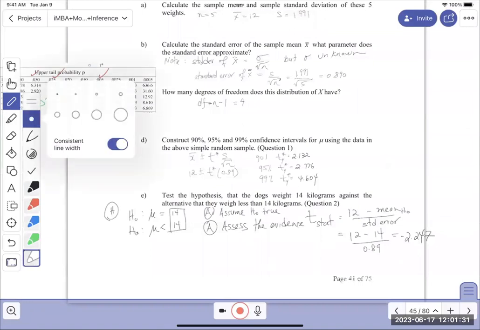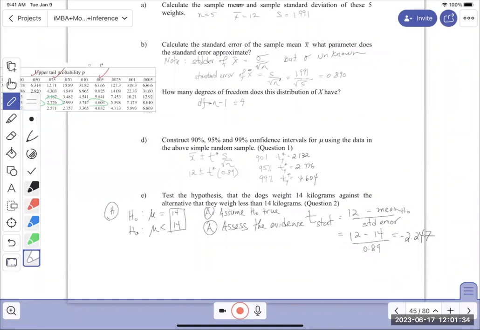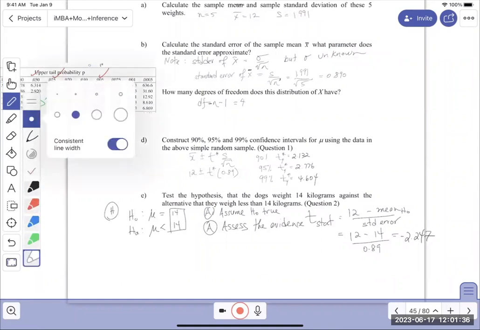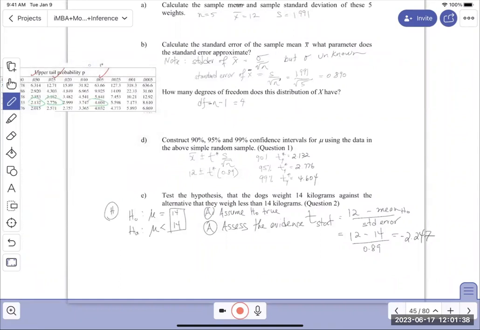This doesn't have to take a long time, right? Now I'm going to calculate a p-value.